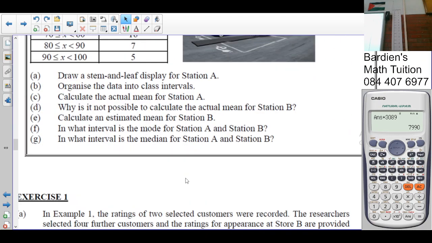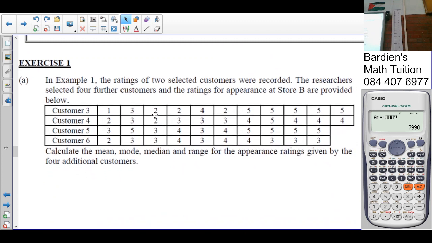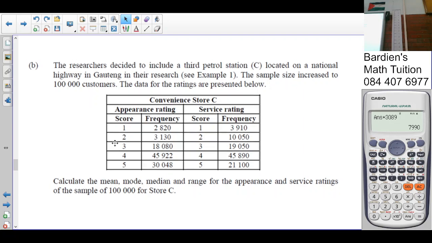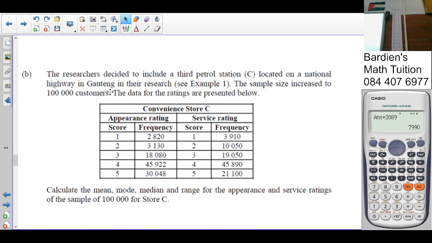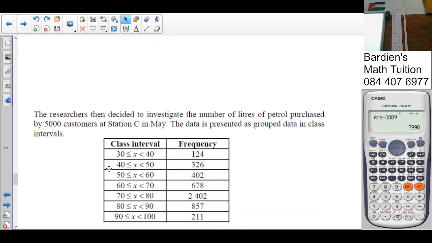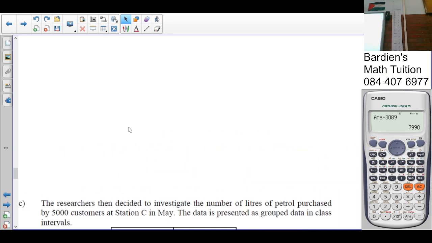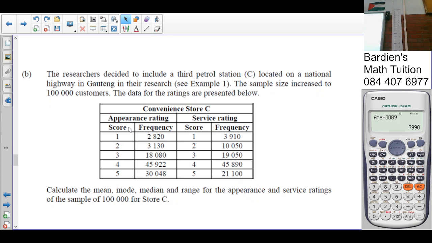But for homework, I want you guys to do Exercise 1, A and B. And that's on page... Which page are we on? 290.